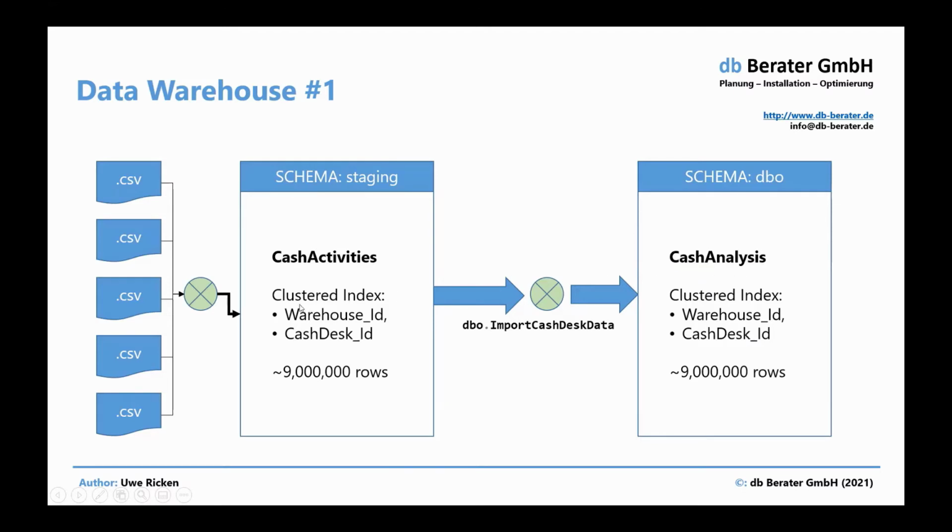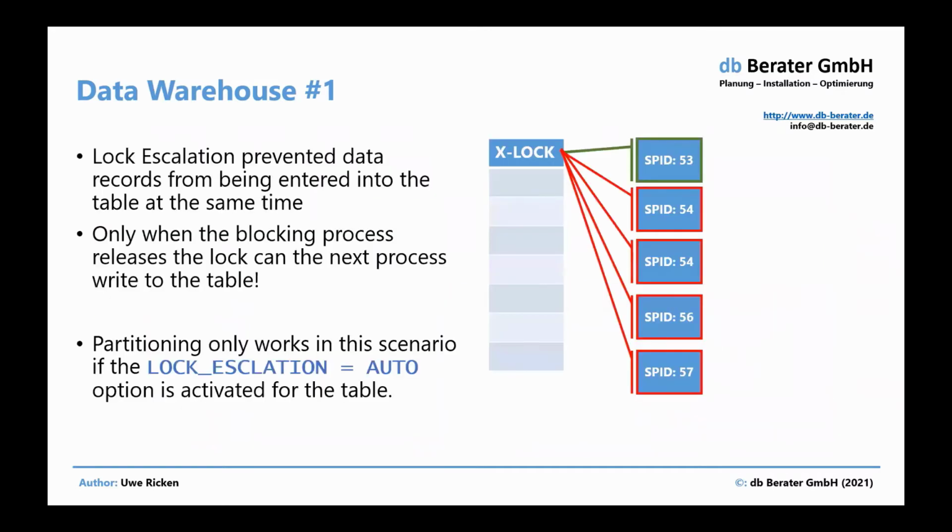And you can see here that we have around about 9 million rows in. And we need to push them by warehouse, by cache desk into the data warehouse. As I said, a very, very simplified thing. We are talking about approximately 9 million rows divided into different warehouses and cache desks.